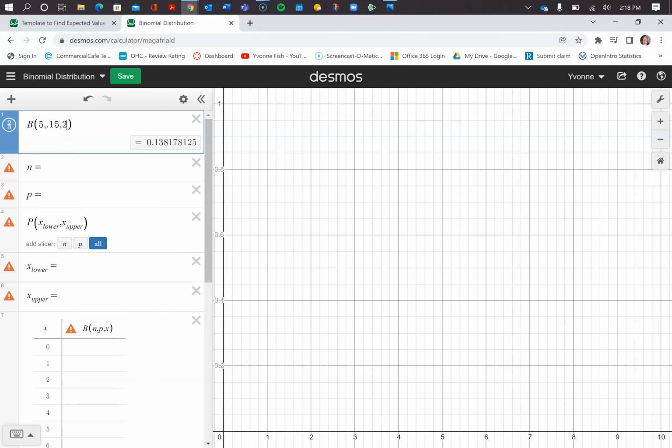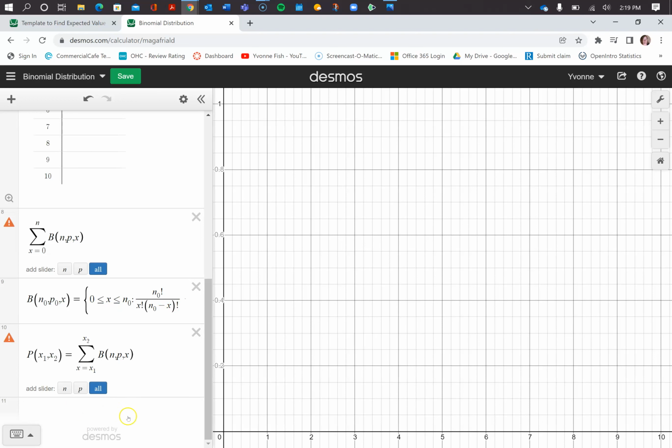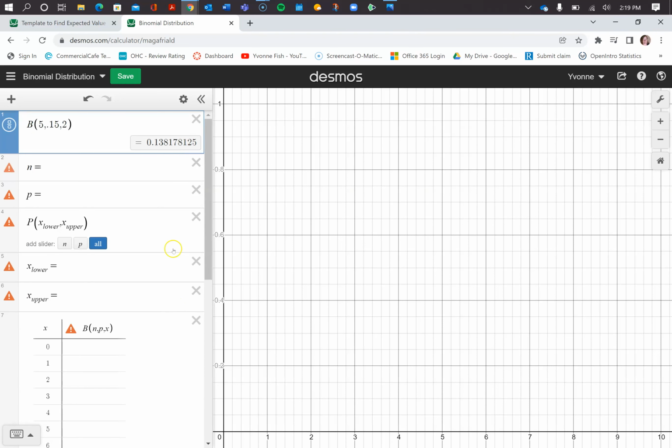So that just gives us this one value here. We haven't set any bounds to get the table or anything like that. So it just gives us exactly 2. You can look down here and see all the formulas that they typed in. That should look kind of familiar to you. But it's nice, we have a template.